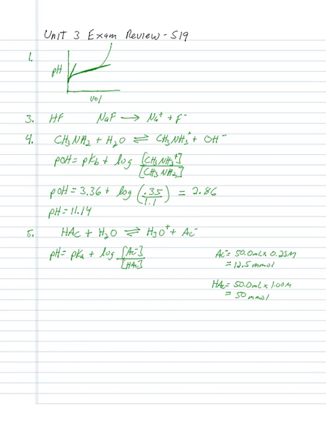And so I can plug those values in. We get pH is equal to our pKa. So if we take the negative log of our Ka, we're going to get 4.74 plus the log of my acetate millimoles, 12.5 over my acetic acid millimoles, 50. And when we work that one out, we get 4.14.